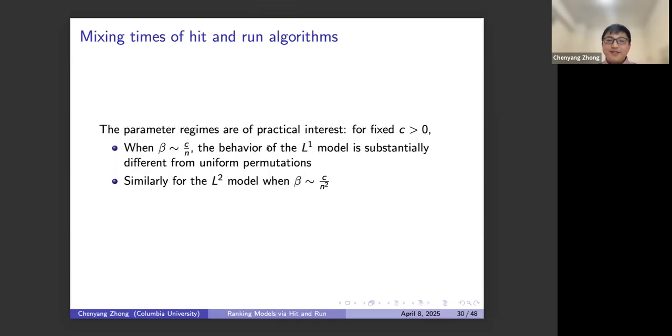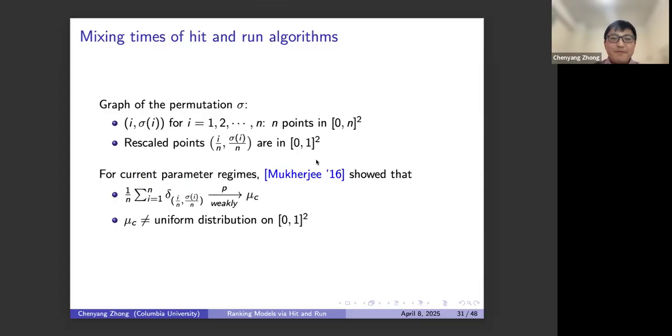And so there are many aspects of the permutation drawn from each of the models that are different from uniform permutation models. Here I just want to show one example, which involves the graph representation of the permutation. For any permutation sigma, it specifies the ranks of 1 up to n. So we can get the pair i, sigma i for each of the individuals 1 up to n.